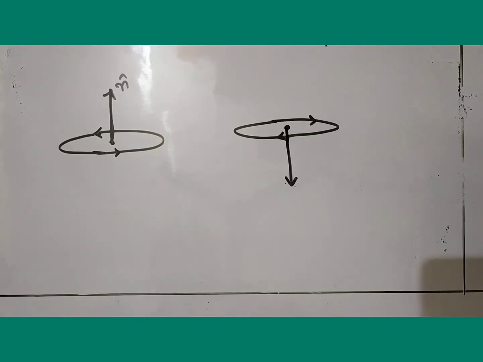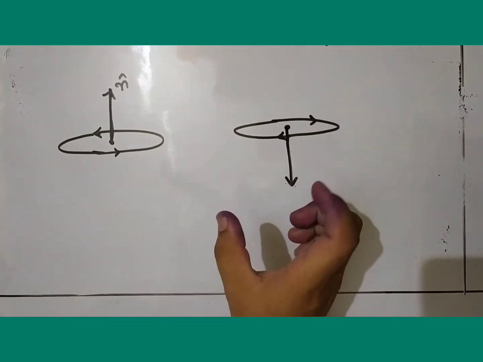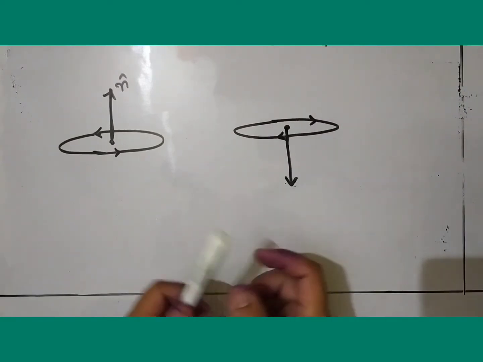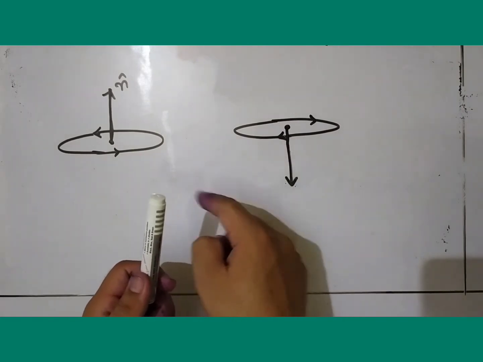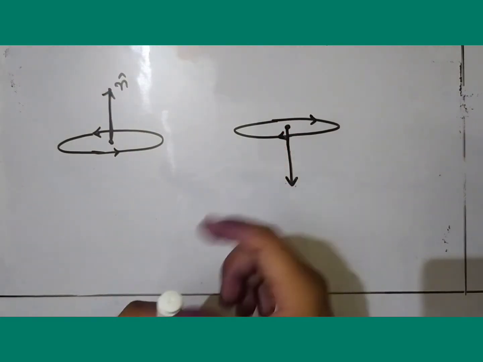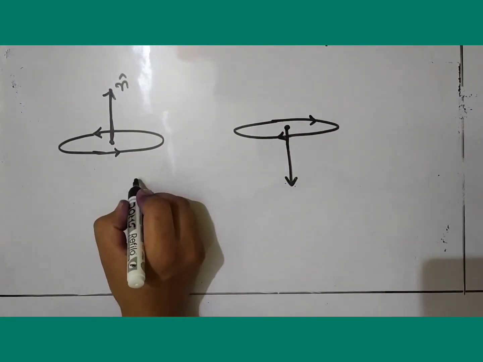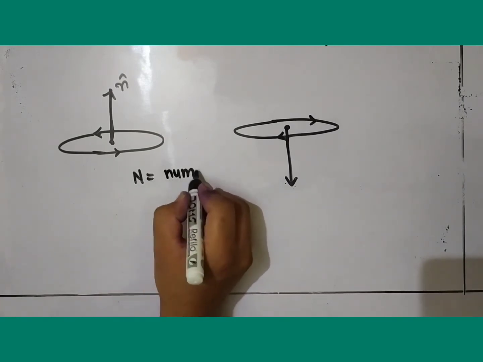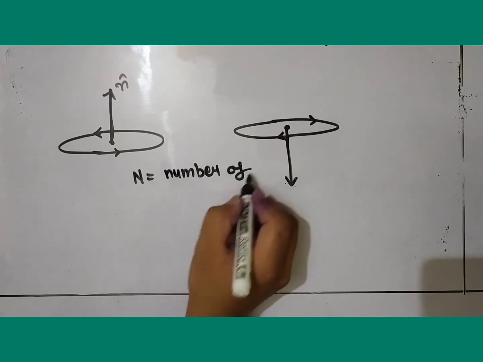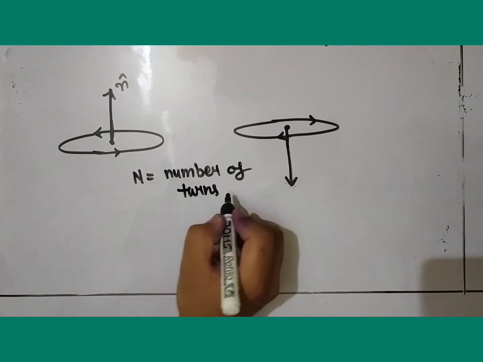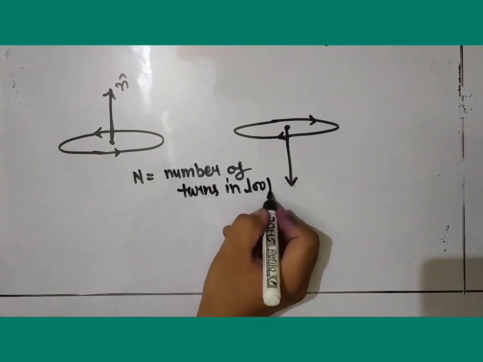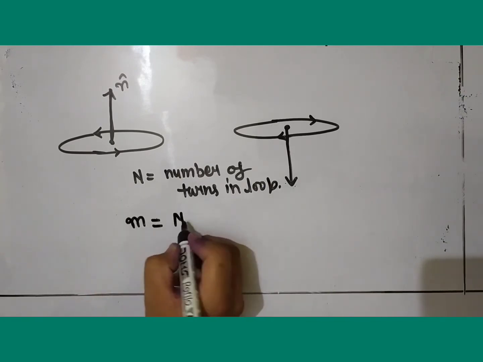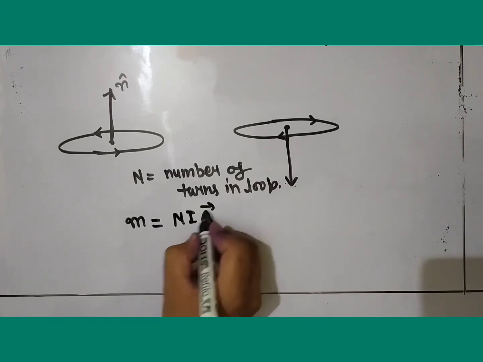Here, a circular loop can contain so many turns. If the number of turns in the loop is n, then the magnetic moment m will become n times Ia.